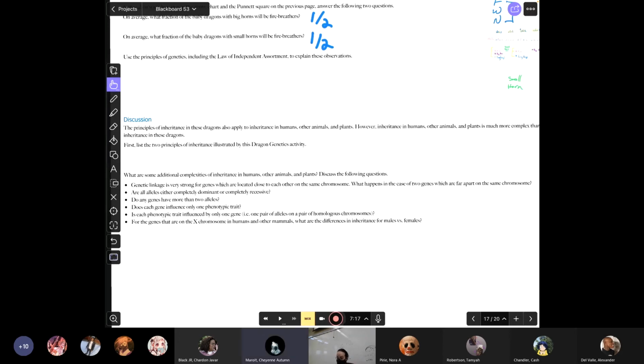The principles of inheritance in these dragons also apply to inheritance in humans, other animals, and plants. However, inheritance in humans, other animals, and plants is much more complex than inheritance in these dragons. First, list the two principles of inheritance illustrated by the dragon genetics activity.